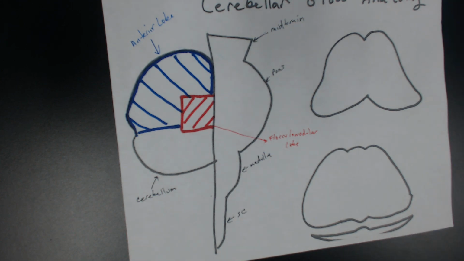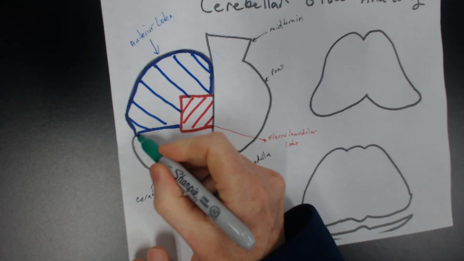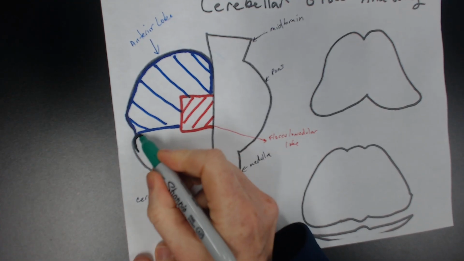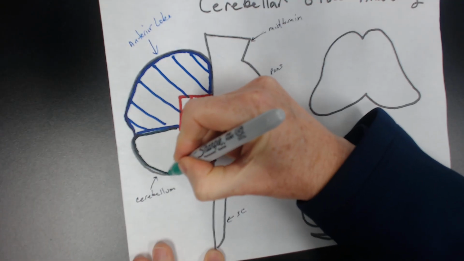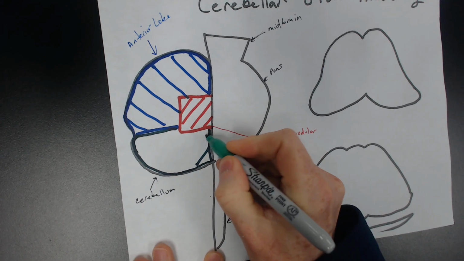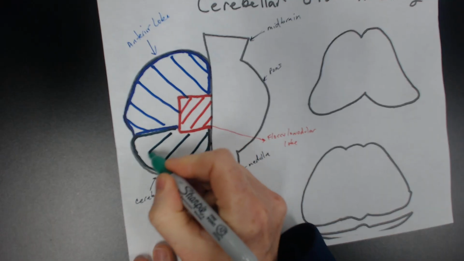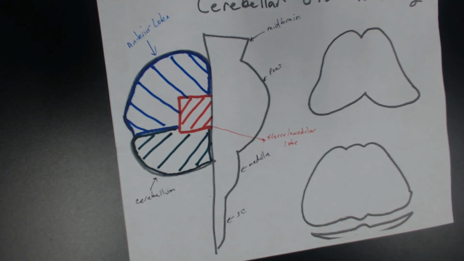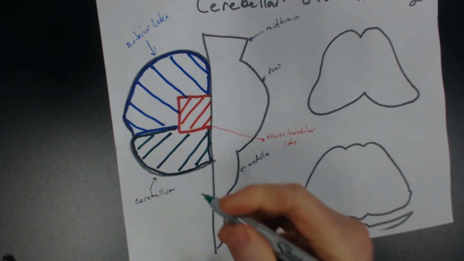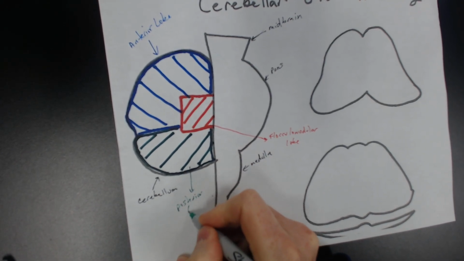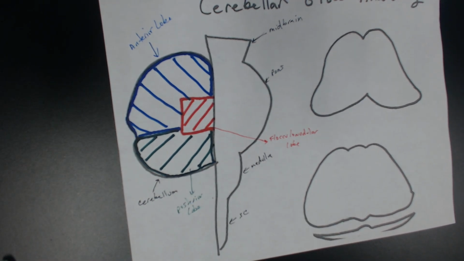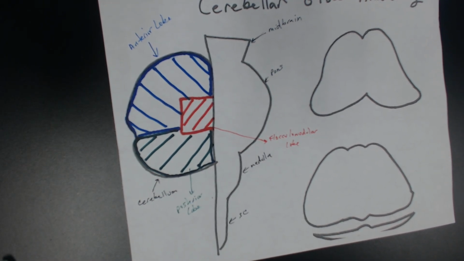And then on the bottom here, this region below that little indent, as far as gross anatomy is concerned, it is your posterior lobe. So gross anatomy, you have your flocculo-nodular lobe, you have your anterior lobe, and then you have your posterior lobe.